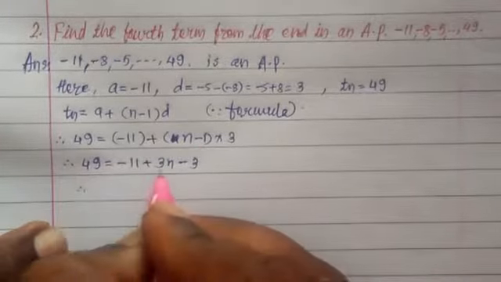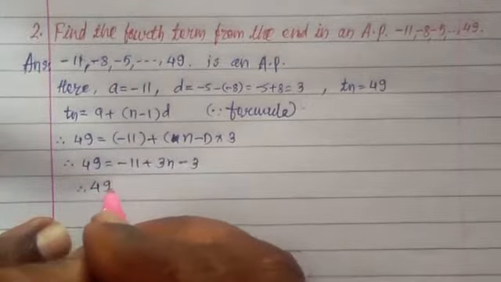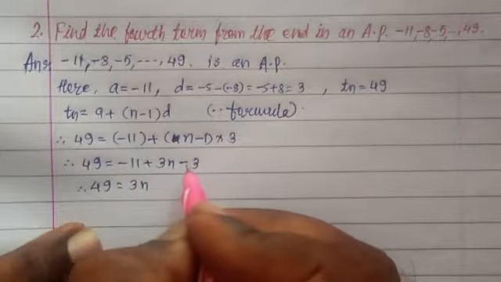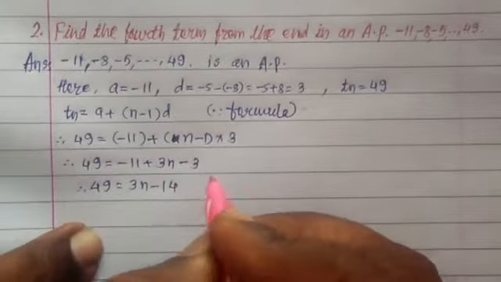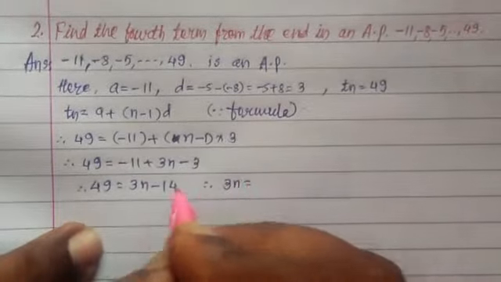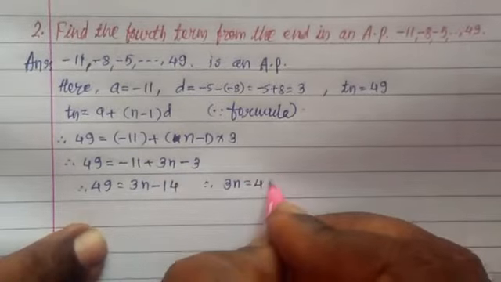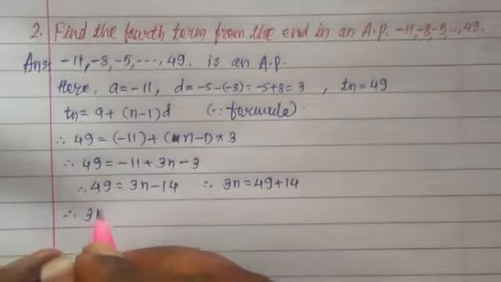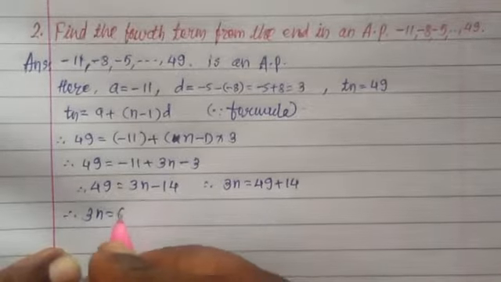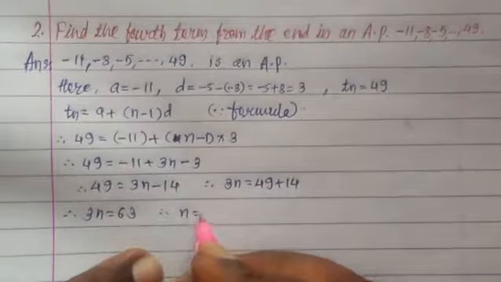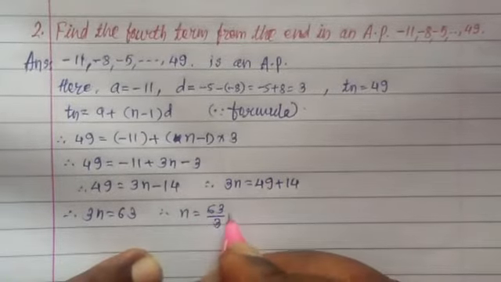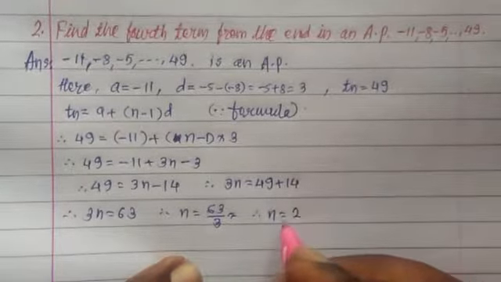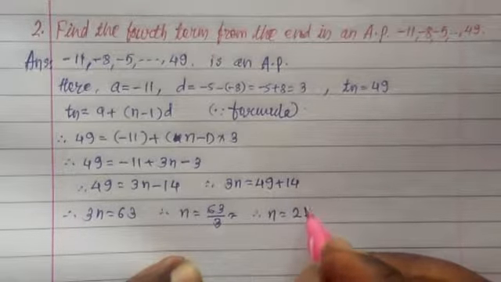Now solving, we get, now here 49 is equal to -11 plus 3n, then minus 11 minus 3 means minus 14, and hence 3n is equal to 49 plus 14, and hence 3n is equal to 63, and hence n is equal to 63 upon 3, which is 21.